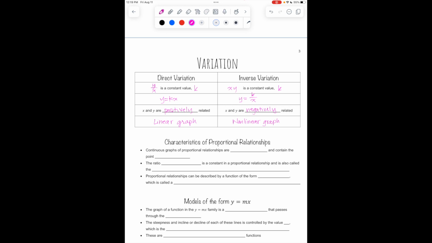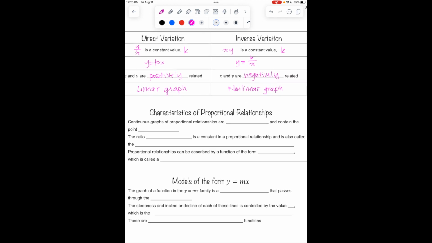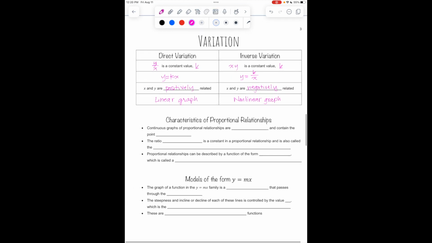So now let's look at the characteristics of proportional relationships, which are also called direct variation. Graphs of proportional relationships are continuous, linear, and contain the point 0, 0.